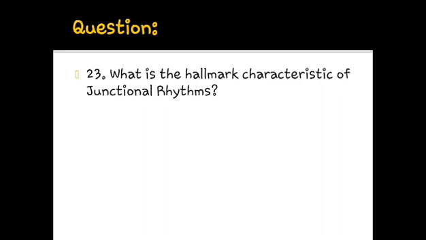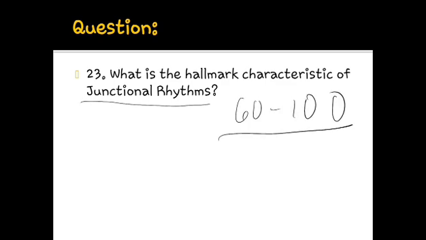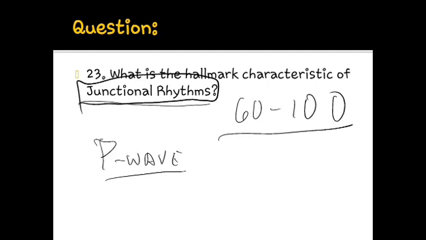Just specify the hallmark characteristic about the P wave itself, and also the heart rate, so that you will know if it's a junctional rhythm, where the impulses come from the atrial junction, or from the SA node, which is normally 60 to 100. Also, what's the heart rate if it is a junctional rhythm, and what will happen to the P wave if it's a junctional rhythm. Those are the hallmark characteristics of this rhythm.